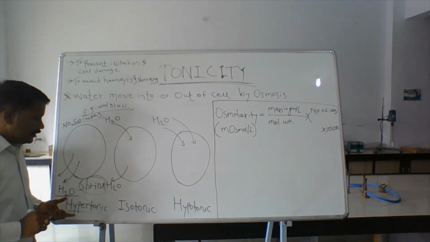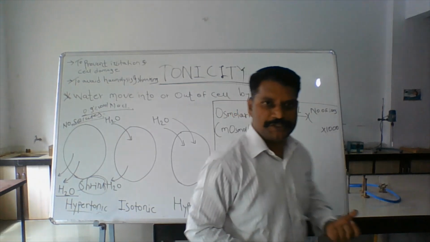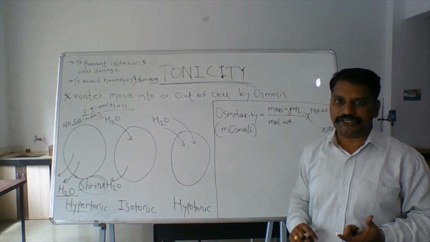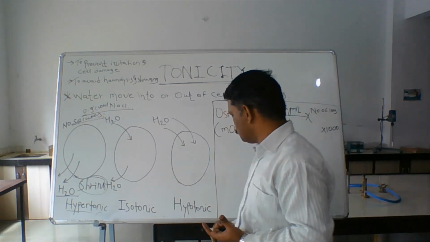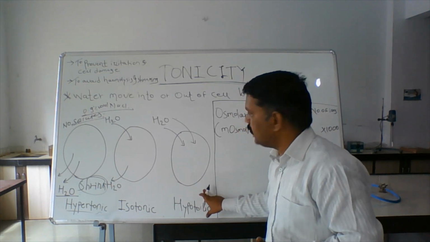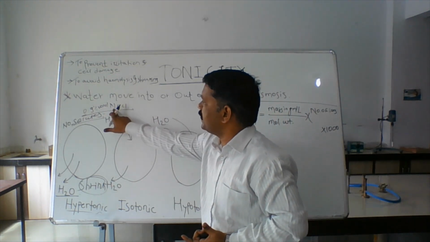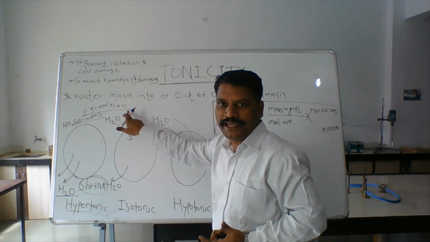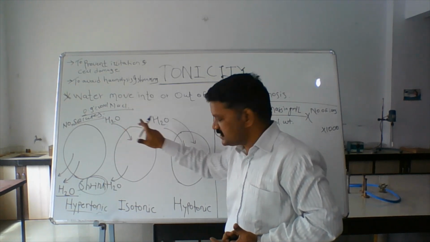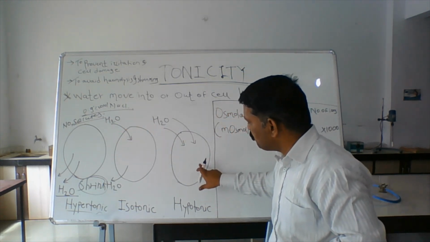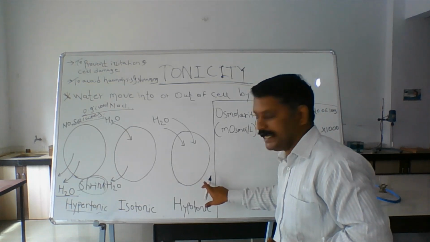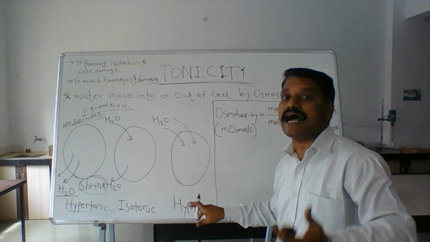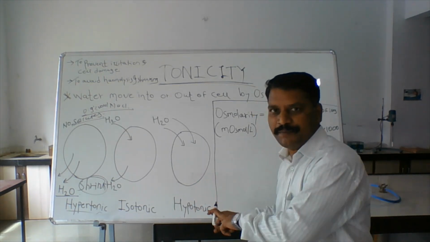Okay. Now the hypotonic solution. The osmotic pressure of the solution is less than 0.9% weight by volume sodium chloride. It means the number of solute particles present in the solution is lower than in the RBC fluid.